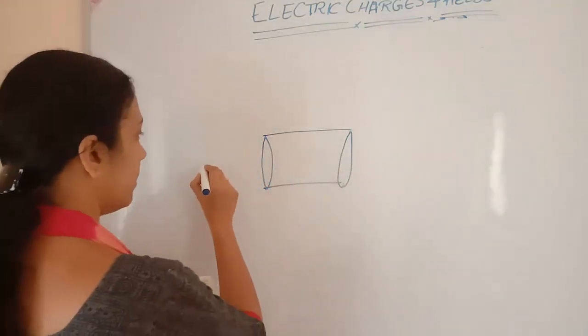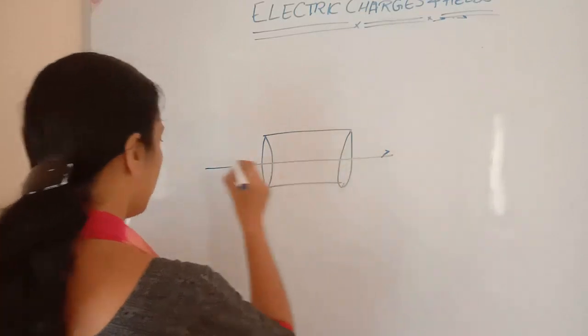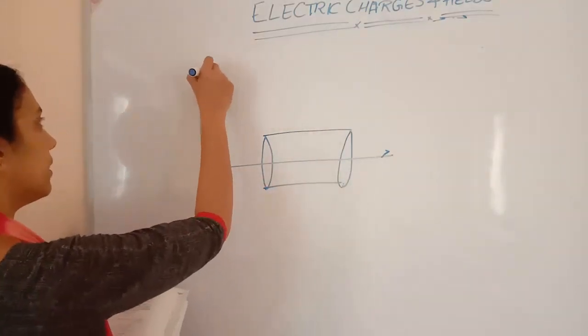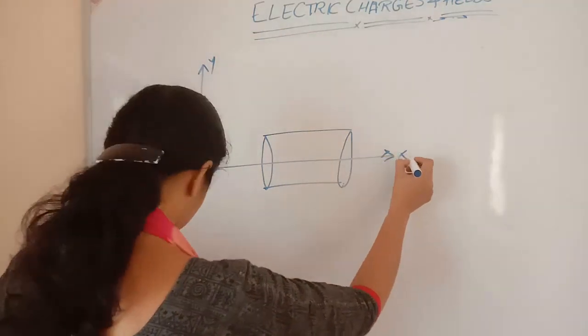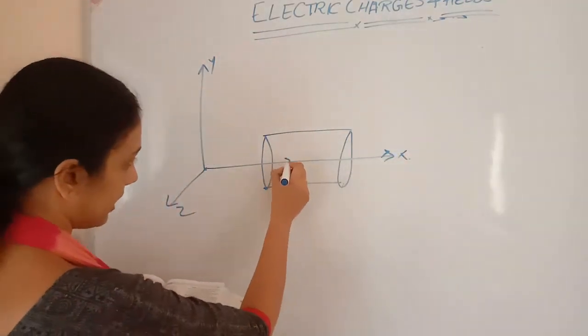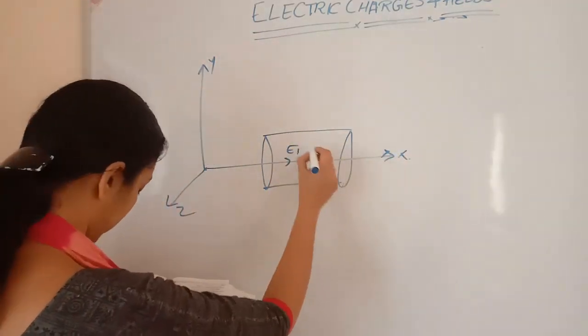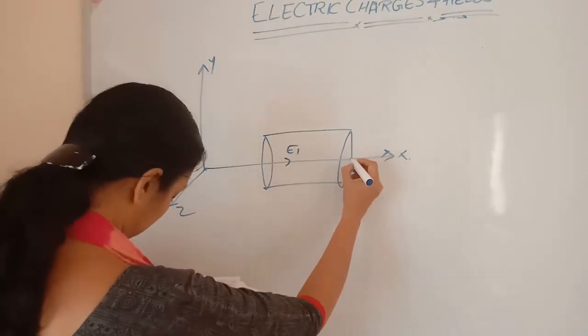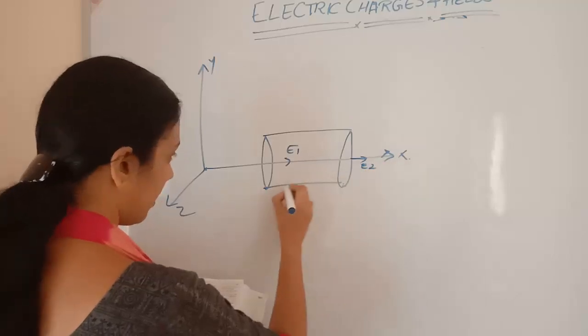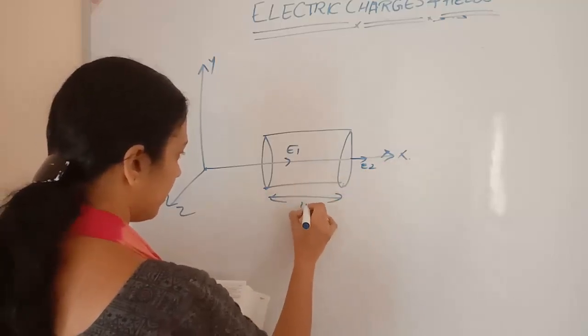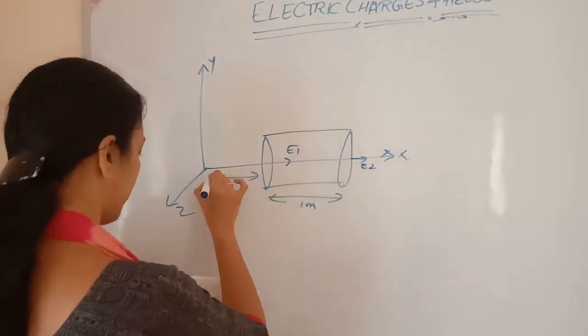Okay, so here it is passing through like this, x, y, and this is z. This is x. Here E1 is acting in this direction and here E2 is acting in this direction, and this is 1 meter and here also it is 1 meter.